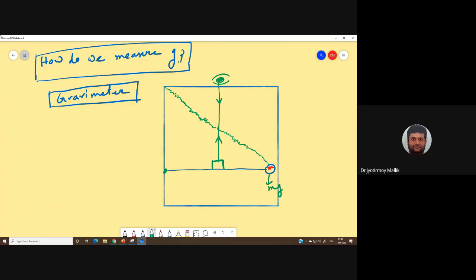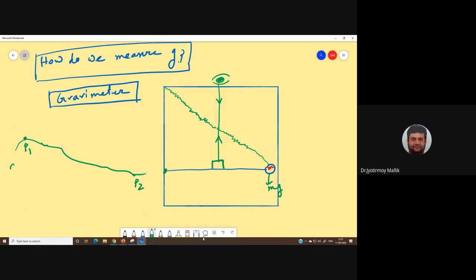Now suppose this is my world, and this is position one, P1, and then I have P2. First I take the instrument to P1 and equilibrate it.